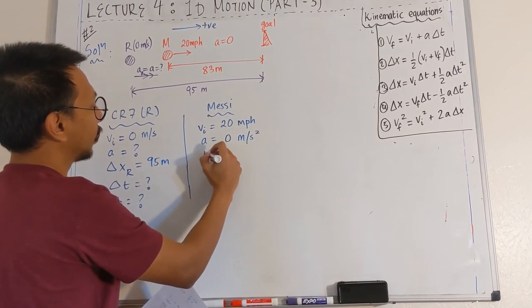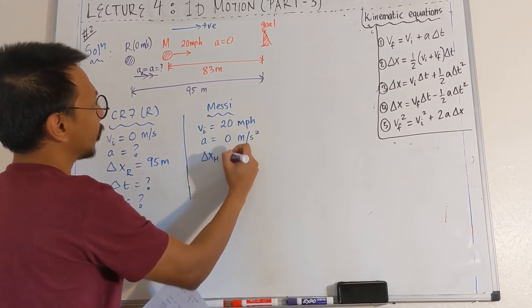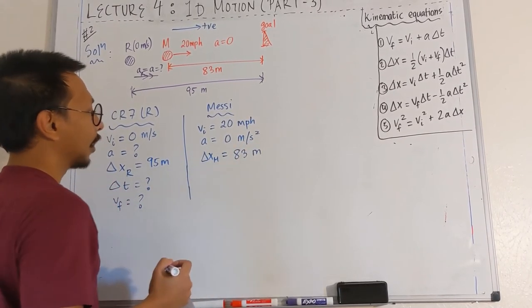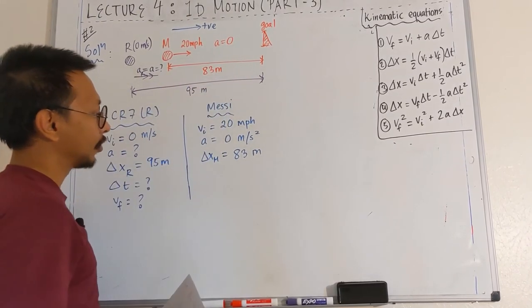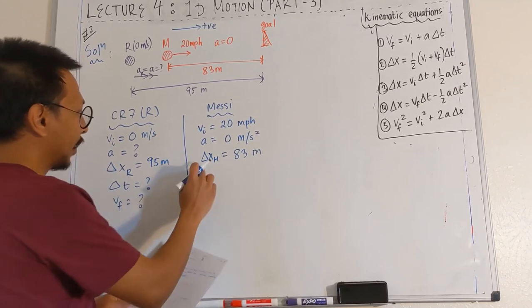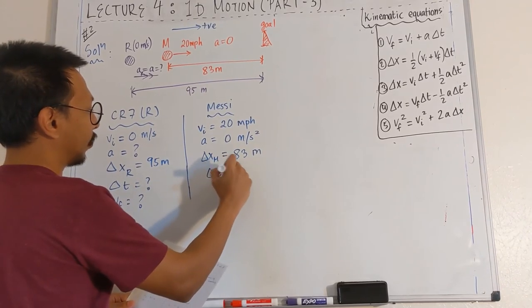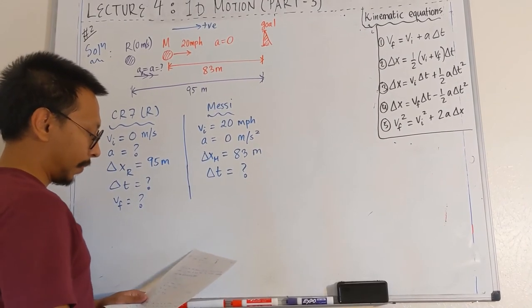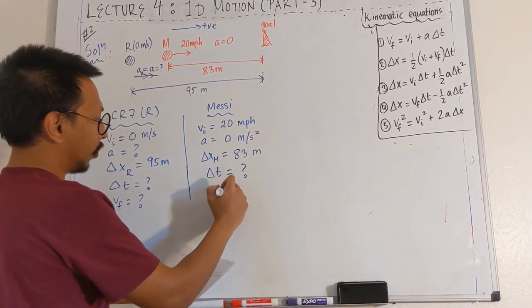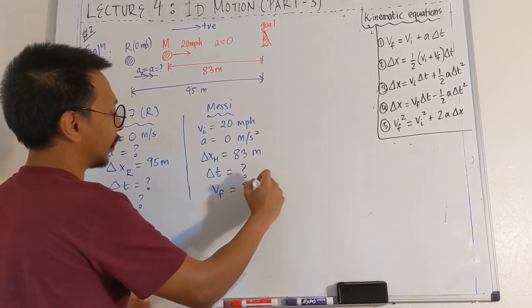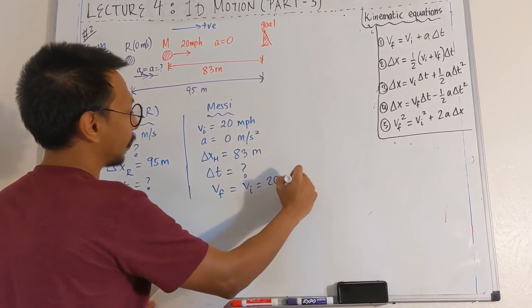We know that Messi's displacement away from the goal was 83 meters, right? He needed to cover 83 meters to get to goal. All right, and we don't know how long he takes to get there, but we know that since velocity is constant, it is equal to VI, which is 20 miles an hour.